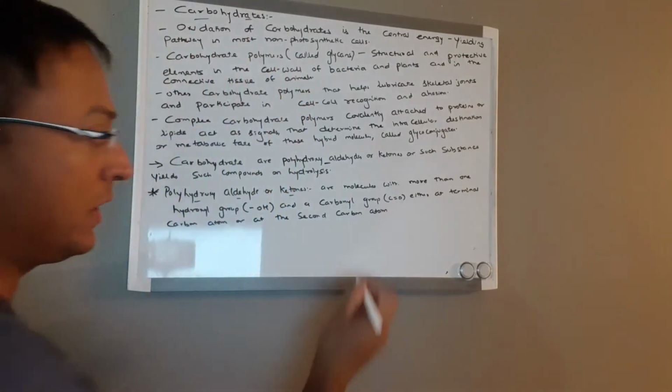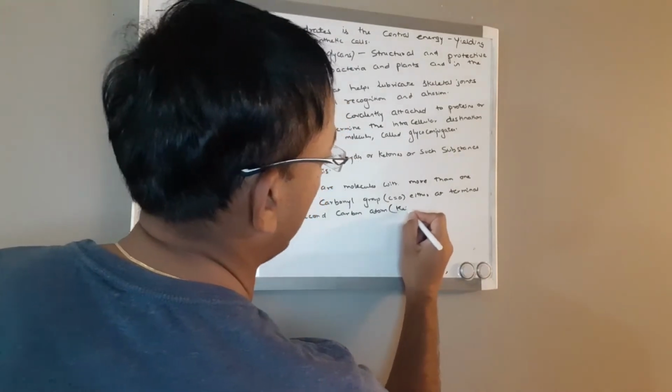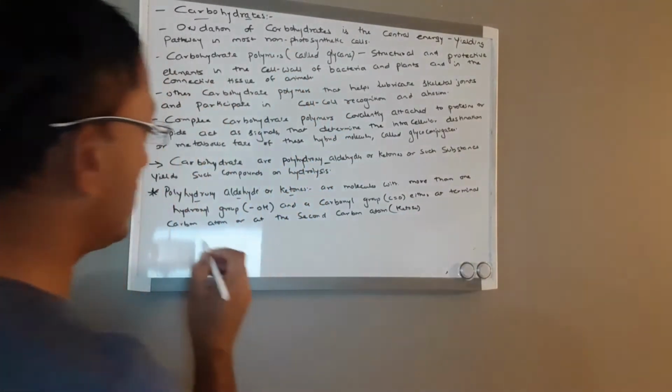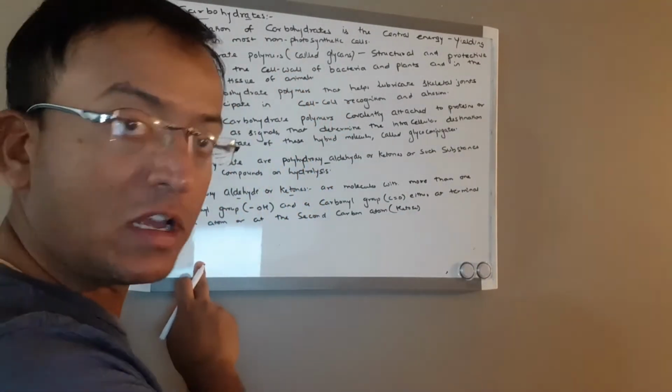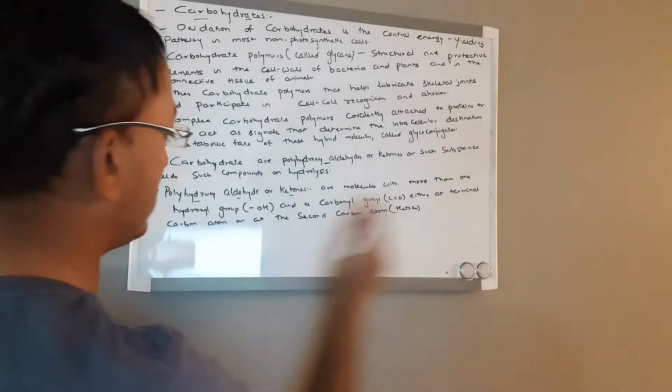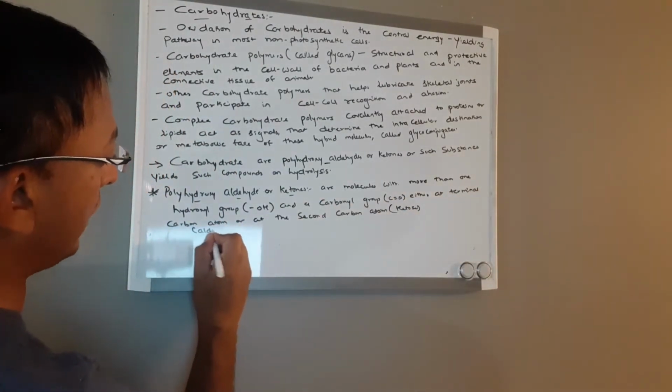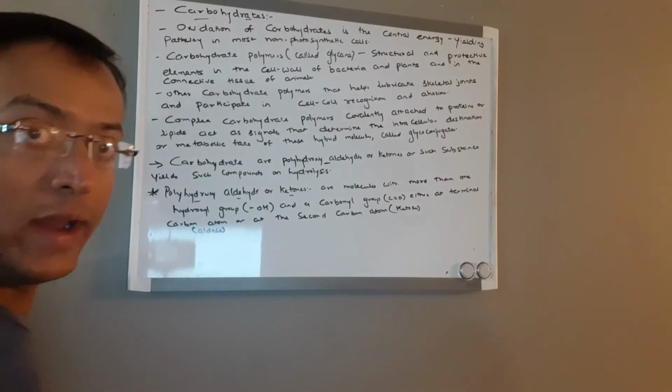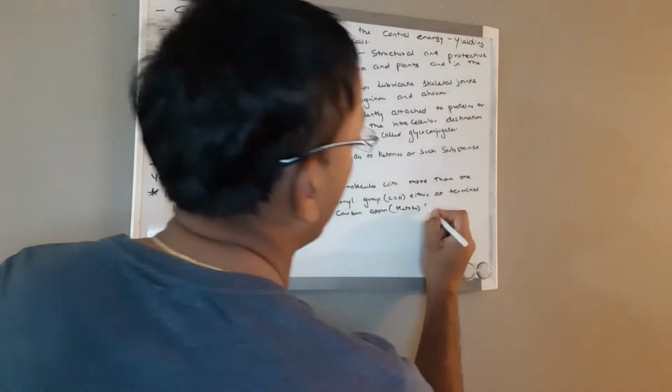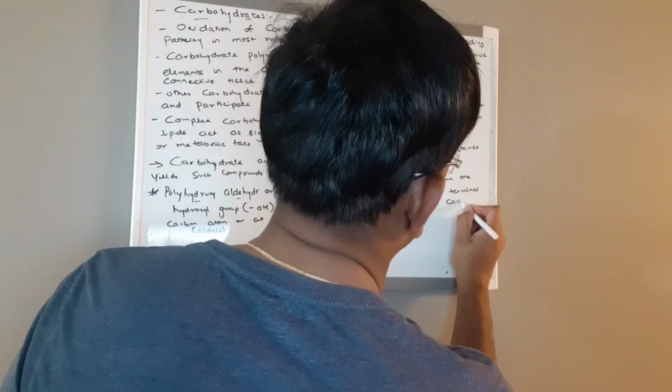If it's on the second carbon atom, it is known as ketone, and if it is a terminal carbon atom, like this, it is known as aldose, right? And these are called carbohydrates.